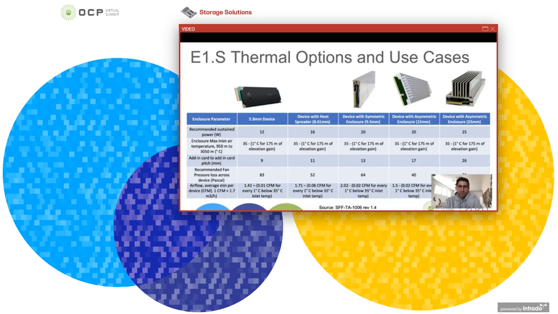And then you have the most interesting ones, which are the variants with the enclosures. So you see here, you have a 9.5 millimeter symmetric enclosure, and this looks just like the E1.L, except it's slightly less tall as compared to the E1.L, but it fits still vertically into a 1U, meaning the 1U height.